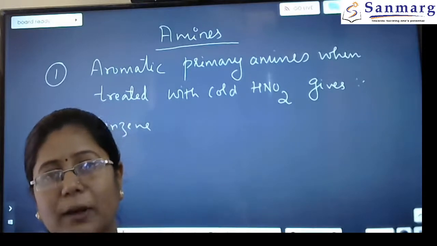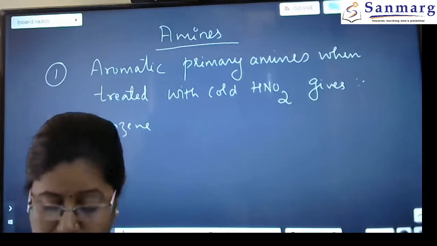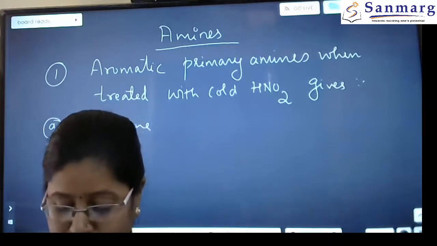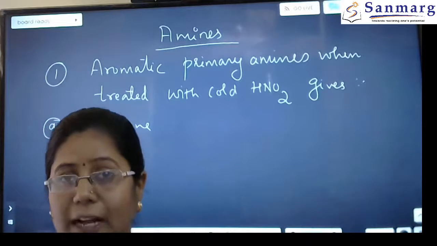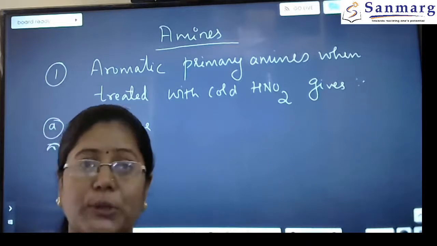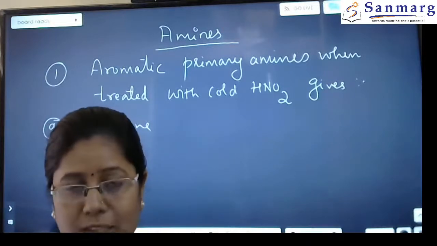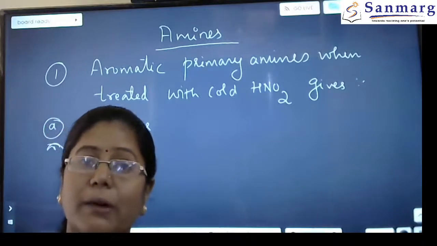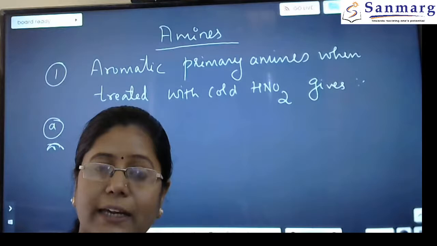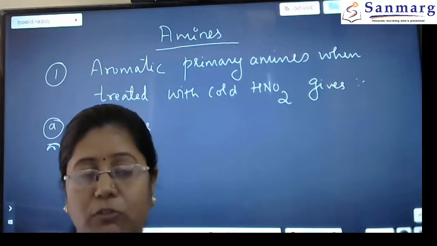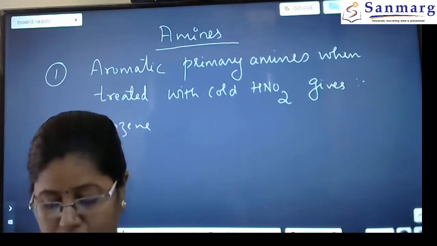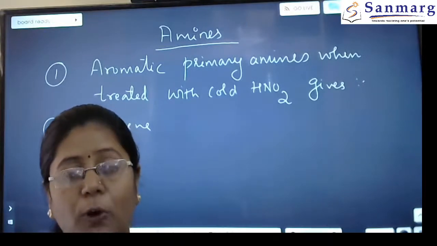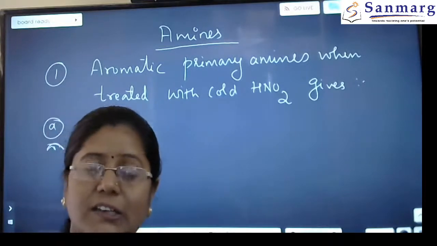The carbylamine reaction is a chemical property of amines wherein primary amines react with chloroform in the presence of alcoholic KOH when heated.